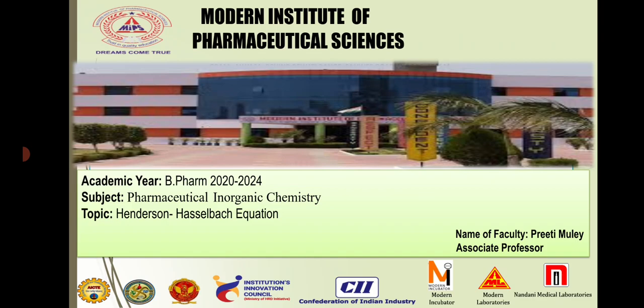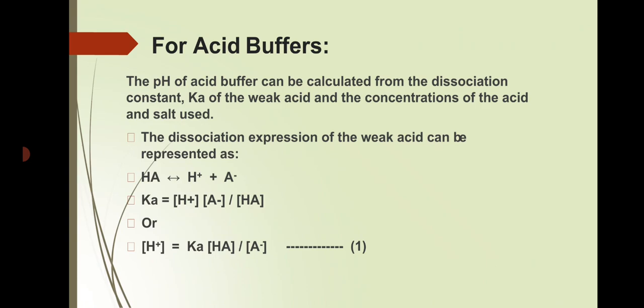Today we will be studying the Henderson-Hasselbalch equation. For acidic buffers, the pH of an acid buffer can be calculated from the dissociation constant Ka of the weak acid and the concentrations of the acid and salt used. The dissociation expression of the weak acid can be represented as HA dissociates to give H+ and A- ion.